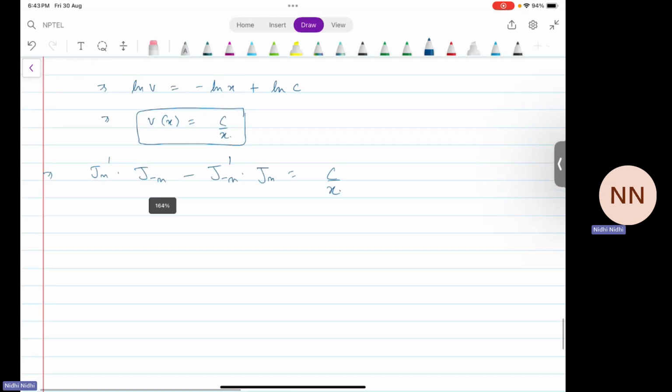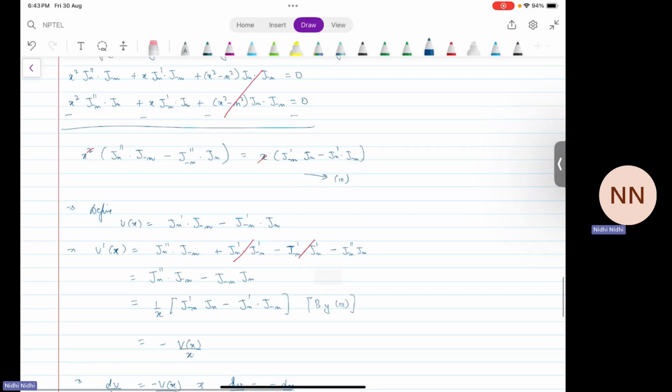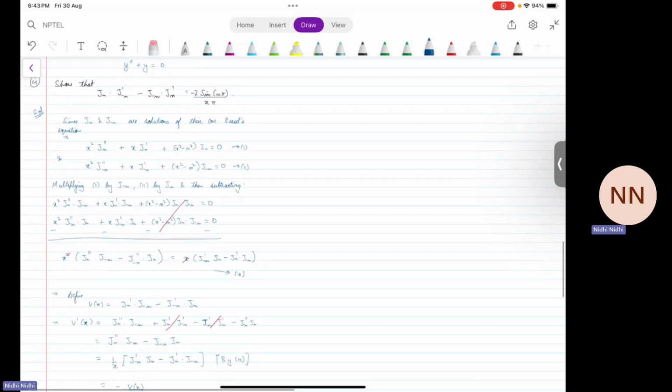Now we'll just evaluate the values of J_n', J_{-n} and J_{-n}', and then put them on the right hand side, and after that we'll be comparing the coefficients of 1/x on both sides and hence find the value of c. You can see that what we need to prove on the left hand side is the negative of v(x). On the right hand side we have 1/x times some constant, so we need to find this constant.